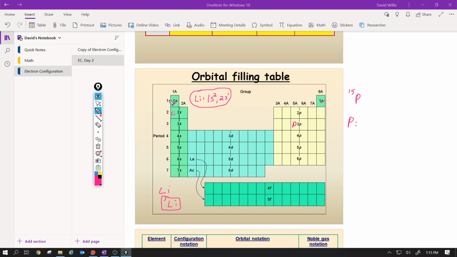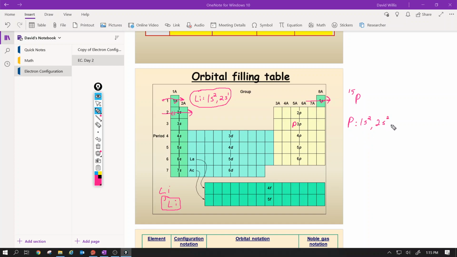Now, I'm just going to start here, and I'm just going to start going across. Okay? Atomic number 15, which means how many electrons do I need to get stashed? 15. So the first 2 are going to go into 1s. So I'm going to fill up the 1s orbital. What's the next orbital that I fill up? 2s.